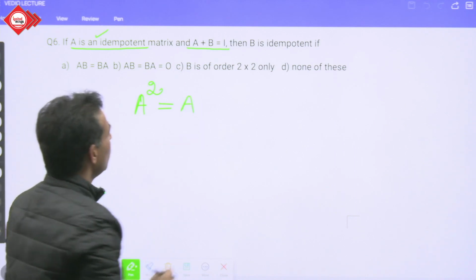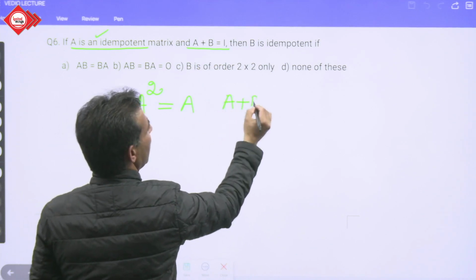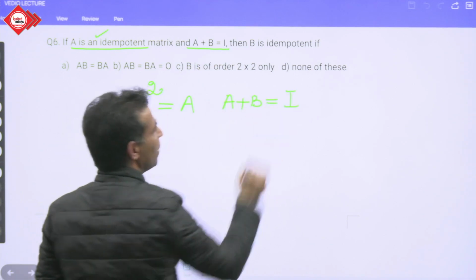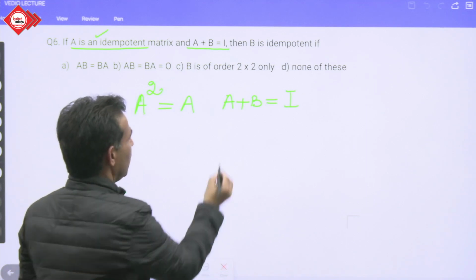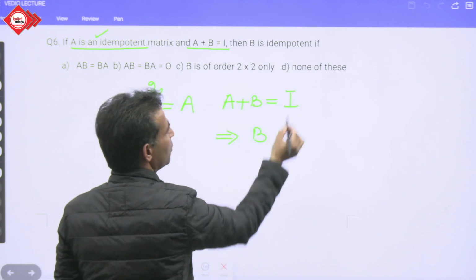Now let us take this condition into consideration where it is written A plus B is an identity matrix. Let me take A to right hand side.